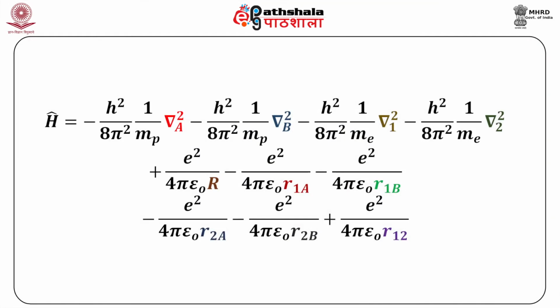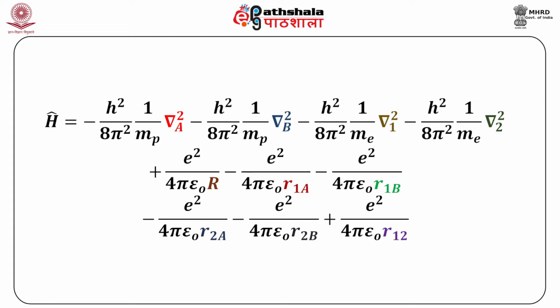H cap is equal to minus h square upon 8 pi square Mp, where Mp is the mass of the nucleus, del A square, minus h square upon 8 pi square Mp del B square. Here del B represents the Laplacian operator for the nucleus B.